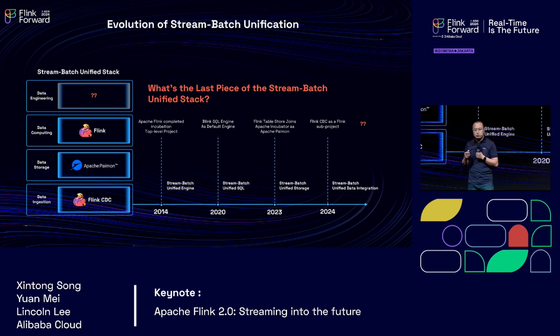The new Apache Paimon realized storage unification for streaming and batch. And Flink CDC provides unified ingestion. So to implement a full-stack streaming batch development stack, what is still missing?